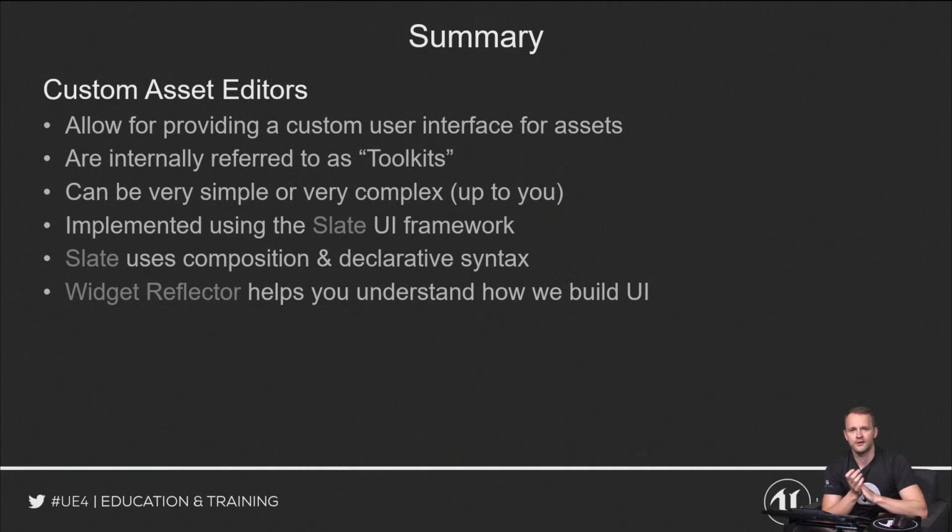They're all implemented in the Slate user interface framework. I've shown you how to do that. And again, if you want to learn more about how existing asset editors are implemented, to use it as an example, use our widget reflector to dive into that code and learn more about how that works.